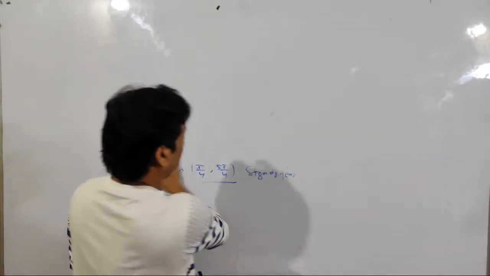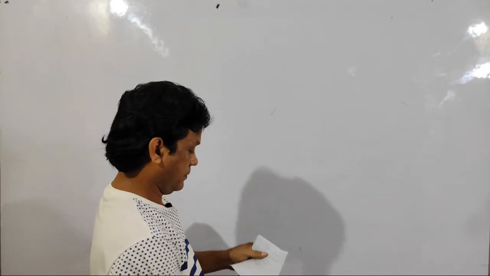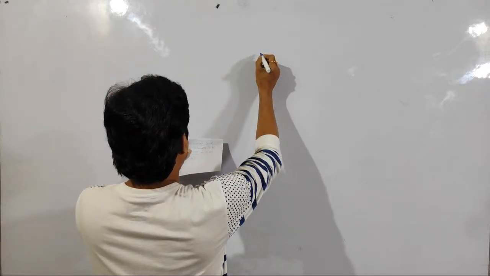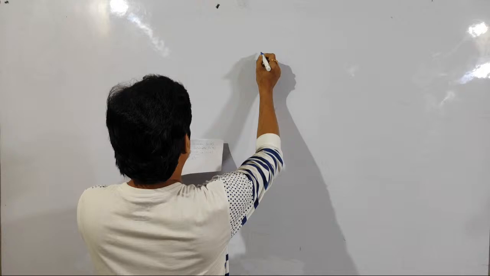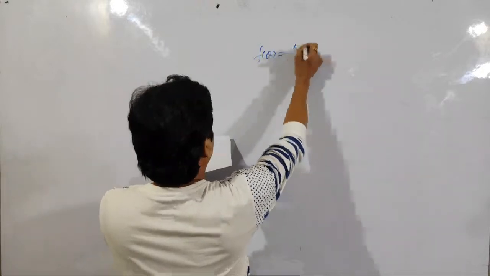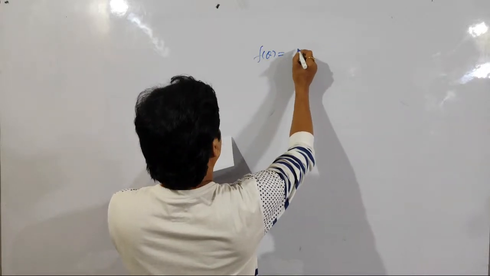See here, another question. F of theta is equal to 4 sin theta, this one, see here.